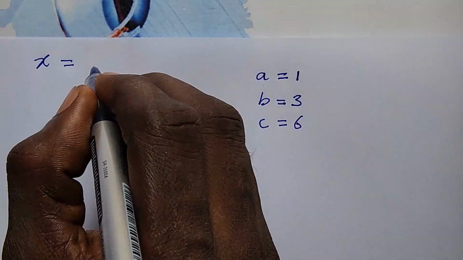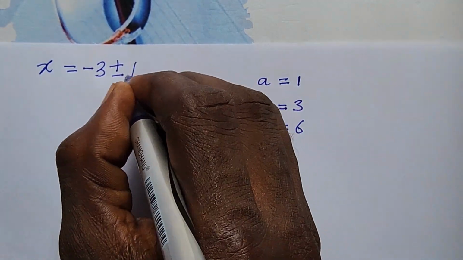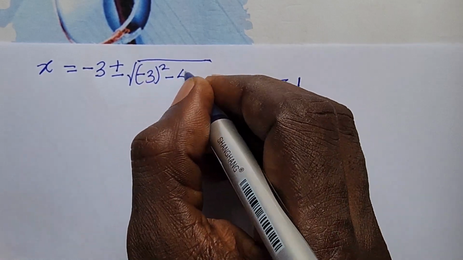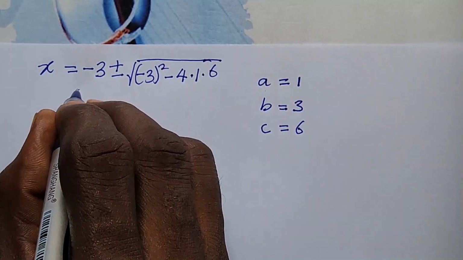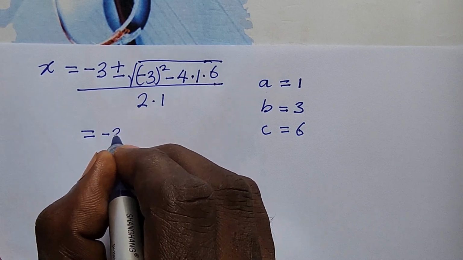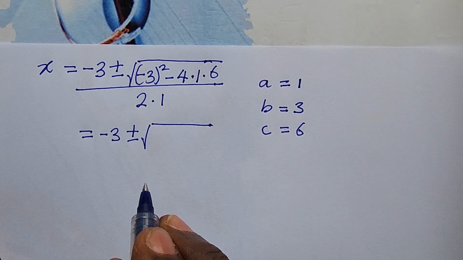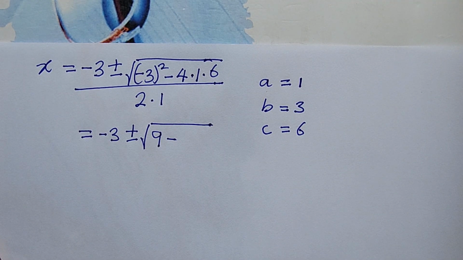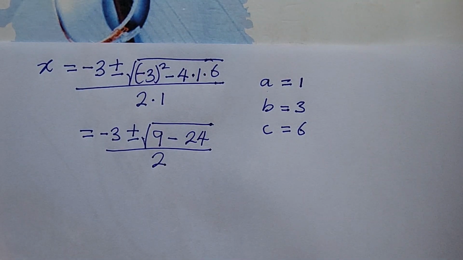So if we substitute, we're going to have minus 3 plus or minus the square root of minus 3 squared minus 4 times 1 times 6, all over 2 times 1. So this is equal to minus 3 plus or minus the square root of minus 3 squared, which gives us 9, minus 4 times 1 times 6, which gives us 24, everything all over 2.